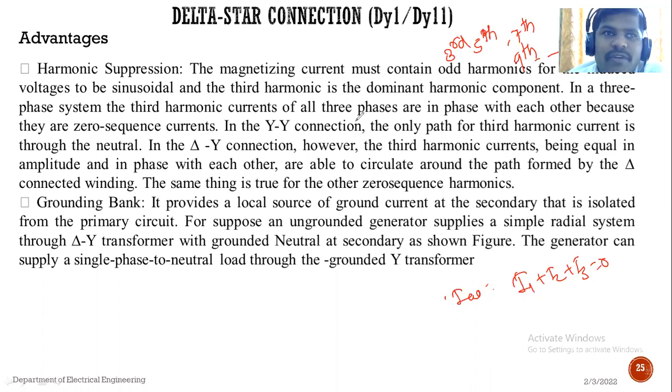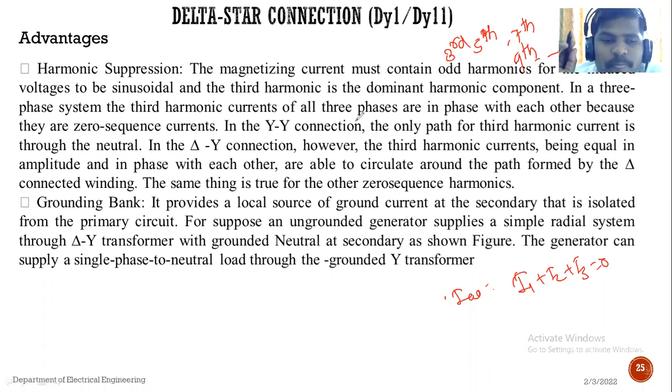So due to that grounding bank it will provide isolation between the primary and secondary मध्ये isolation provide करेल. Suppose an ungrounded generator supplies a simple radial system through a delta star transformer with grounded neutral at the secondary, so the generator can supply a single phase to neutral load through the grounded star transformer.